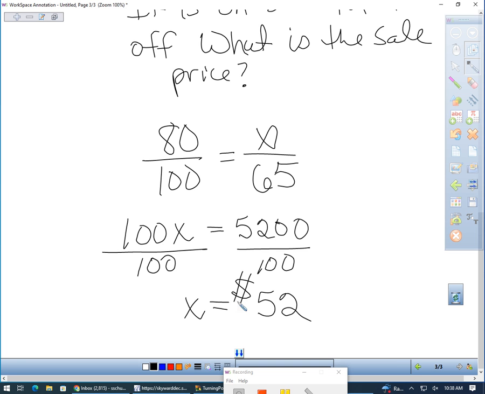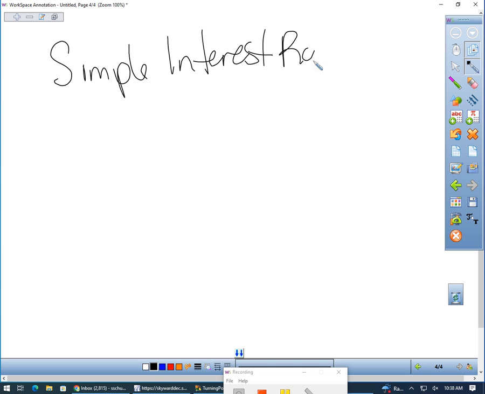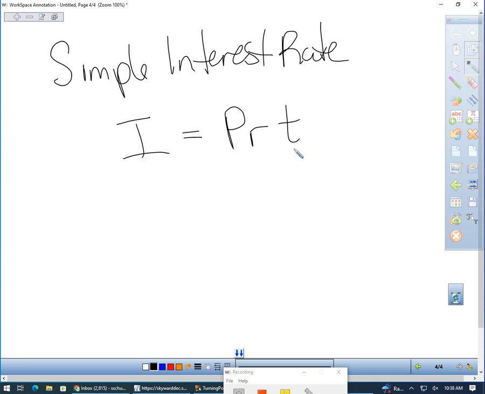Okay, last thing I want to talk about is simple interest rate. Simple interest rate follows this equation: I equals PRT. The I is the interest that you are gaining.